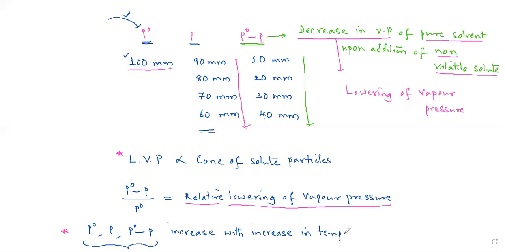As I said, of course, not linear, but exponential overall. The vapor pressure increases. Vapor pressure of the pure solvent, that of solution, even LVP are dependent on temperature. But this relative lowering of vapor pressure is independent of temperature. This is very important.